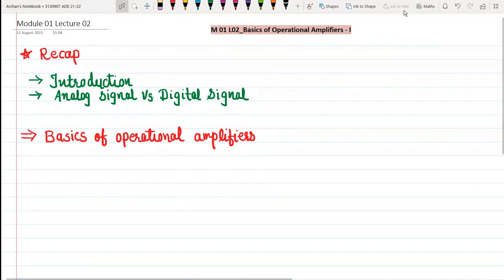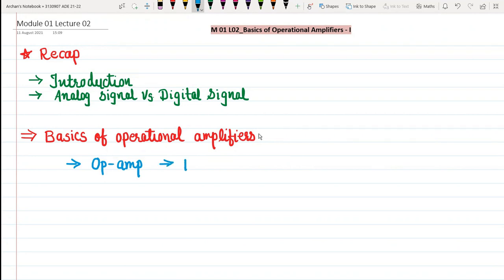From today, we will start with our basics of the operational amplifier, most commonly referred to as op-amp. Op-amps were introduced initially in the 1940s.